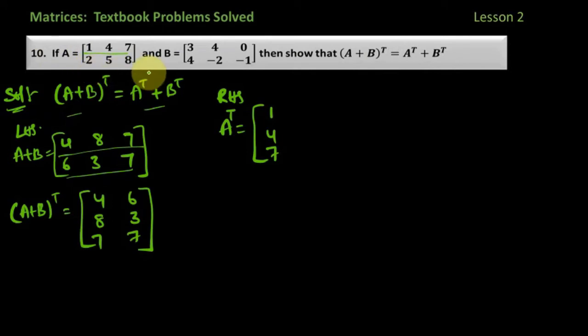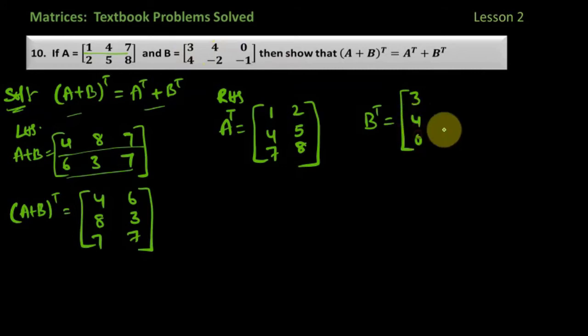Similarly, the second column, that is 2, 5, 8. So this is my A transpose value. Okay. Next is B transpose. Similarly, B transpose. 3, 4, 0. Right. Similarly, 4, minus 2, minus 1. Isn't it? This is my B transpose value.